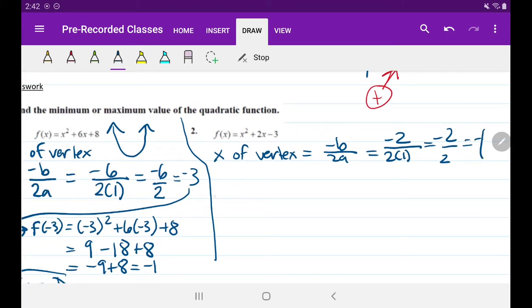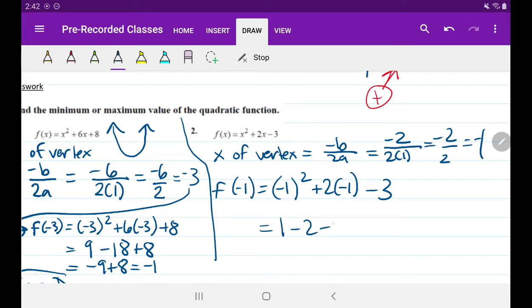Now we're going to do f of negative 1, which is negative 1, the whole thing squared, plus 2 times negative 1 minus 3. I'm just taking the x-coordinate that I just found and plugging it back in for x. When I run through this, I get 1 minus 2 minus 3, which is negative 1 minus 3, which is negative 4.